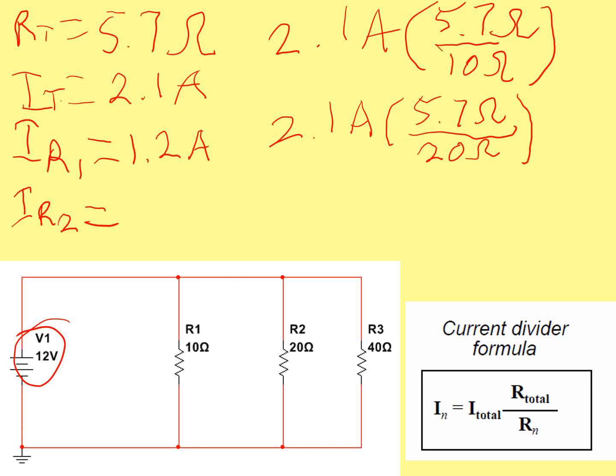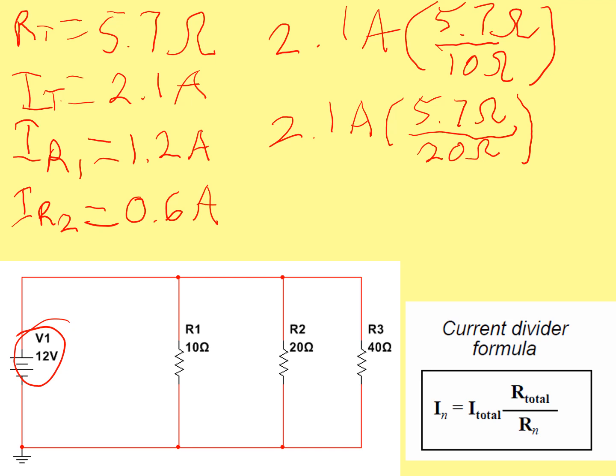Let me put that into my calculator real quick, and survey says about 0.6, and I'm rounding these a little bit. I rounded the first one, but it's pretty close. So I have 600 microamps, but we'll write it as 0.6 amps. Actually, I meant 600 milliamps.